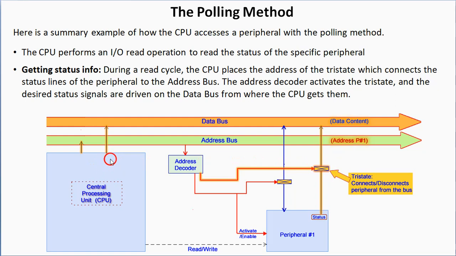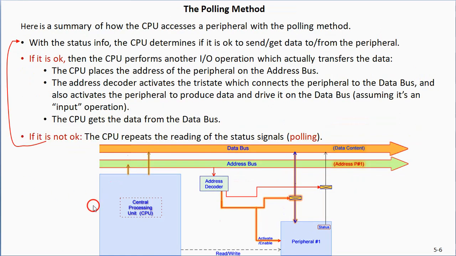So the CPU places the address for this tri-state with the status information on the address bus. The address decoder decodes that address and activates the tri-state. Therefore, the tri-state carries the status signals onto the data bus. Then the CPU can read this information.